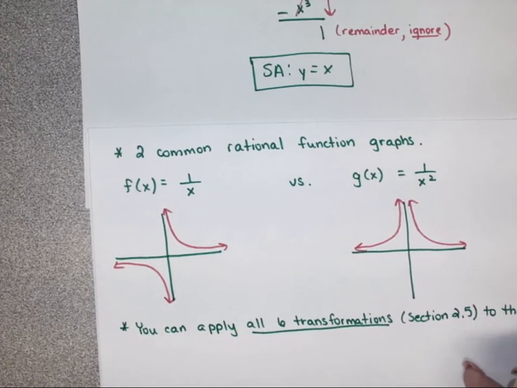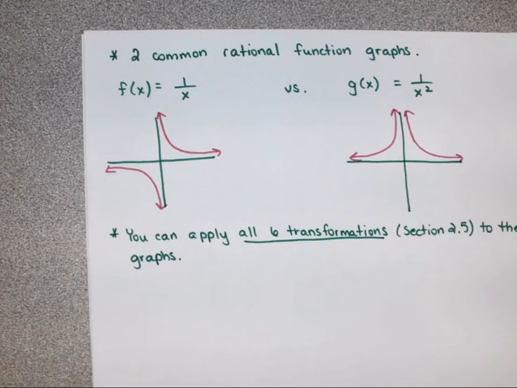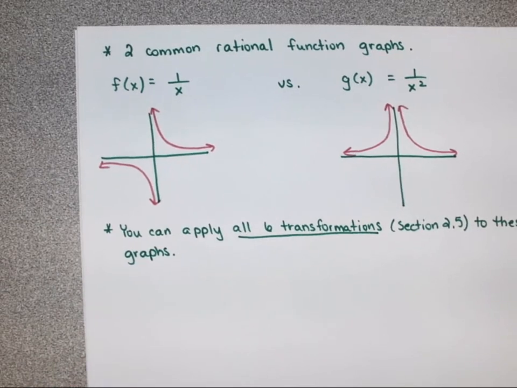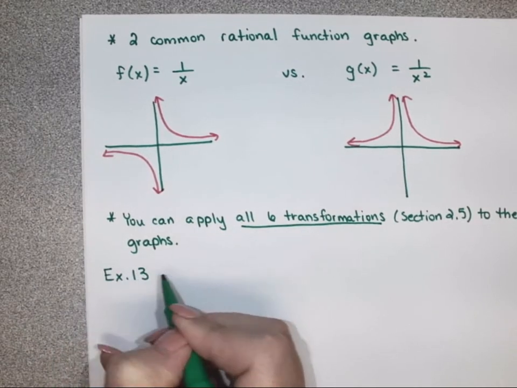In other words, these are the simplest parent functions, and so we can make some changes, and then we should be able to describe what that's going to do to our graph. So probably on test 2, I would be more likely to ask you to describe for me what's happening than I would be for you to actually sketch it. So let's do an example where I ask you to do that with a variety of different ones.